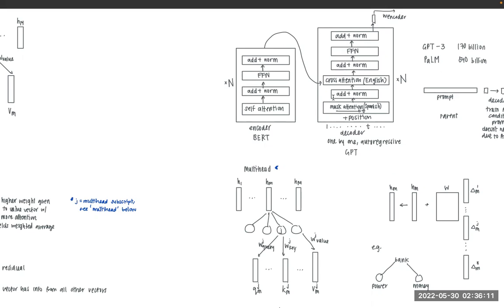And when you do this type of sequential generation, for example, when you get to machinus, you pay attention to the previous words, amo. So this is called masked attention. This is on the Spanish side.